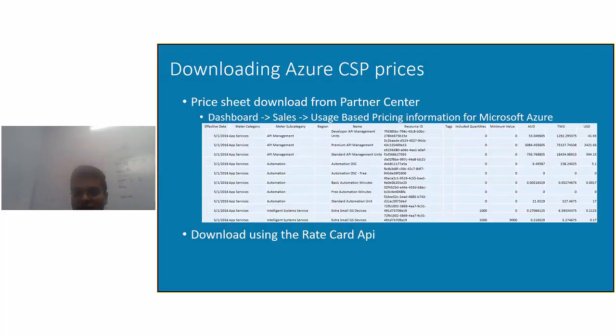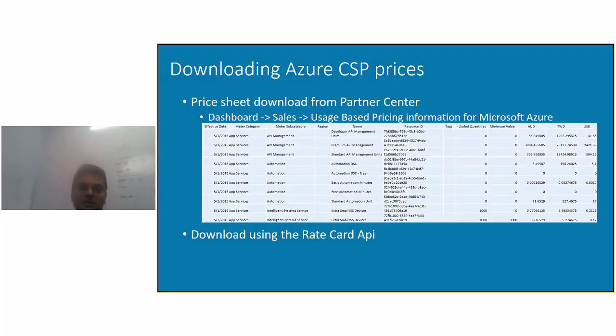Now you need to look at other nuances which come in here. Along with the prices for the GUID, which is the resource ID or the billing meter, there are things like included quantities and pricing tiers. So what are included quantities? Essentially, there are cases where we give some amount of resources included for usage. An example here is the number of devices, extra small intelligent service devices, where 1,000 are included.